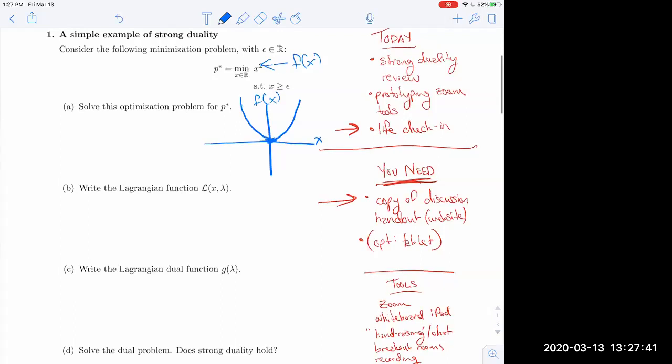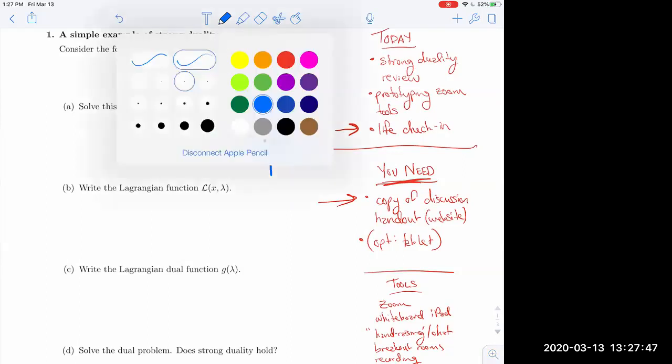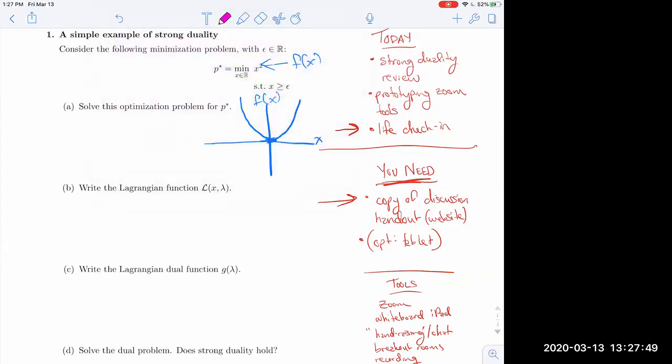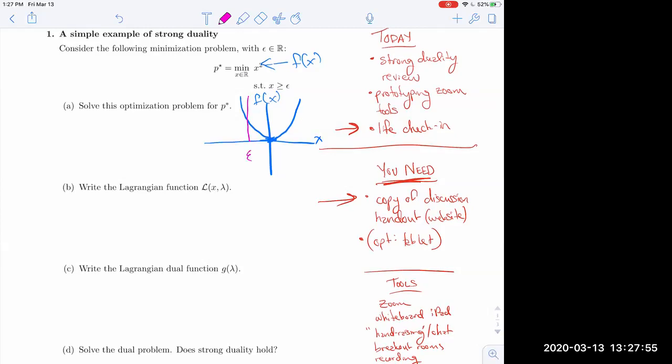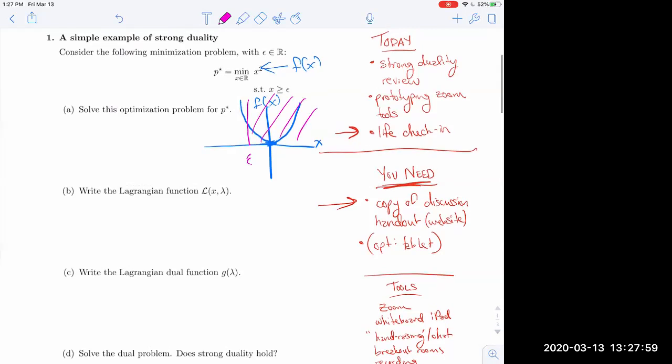So if epsilon is less than 0, so if epsilon is over here, then basically this whole side is in our feasible set. And so we know that we can minimize this function at x equals 0.